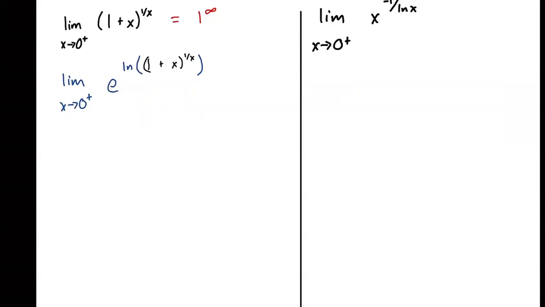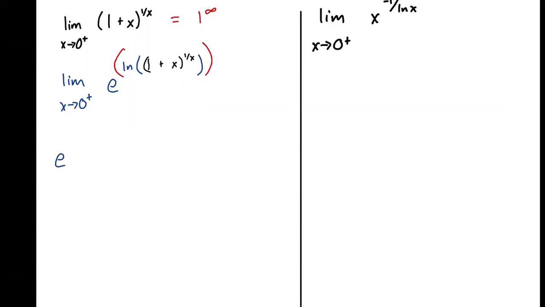So if you remember, the limit can be brought inside a composition. So what I'm going to do is bring the e out, and bring the limit inside the composition, inside the e to the x.